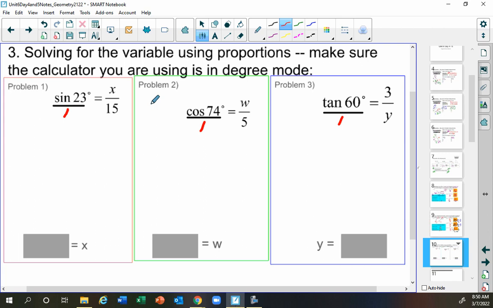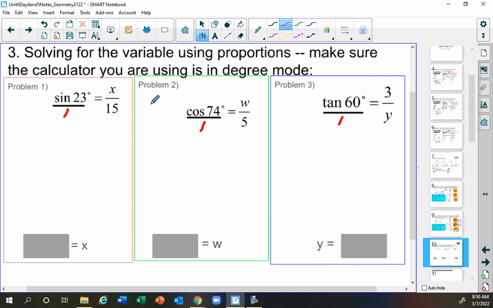The next thing you're going to do, type in your degree value, 23. Then, above the number 9, there's a closed parentheses. Touch the closed parentheses. It should be sine 23, close parentheses.